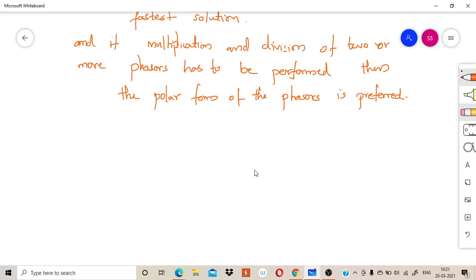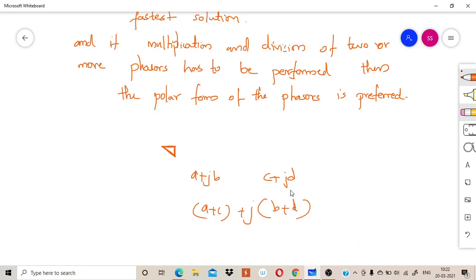the multiplication, division, subtraction. That means algebraic operations on a phasor. Suppose we have a plus jb as one phasor, and c plus jd as another phasor. If you have to add or subtract these two phasors, then this is simple, that is a plus c plus j into b plus d.